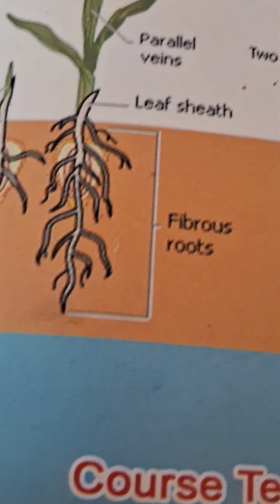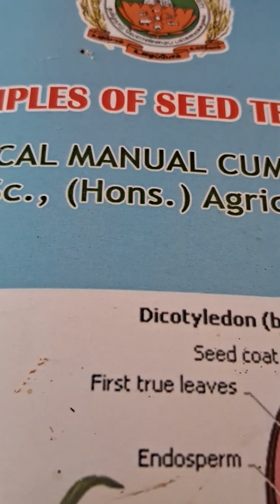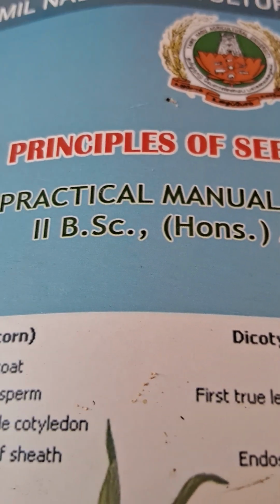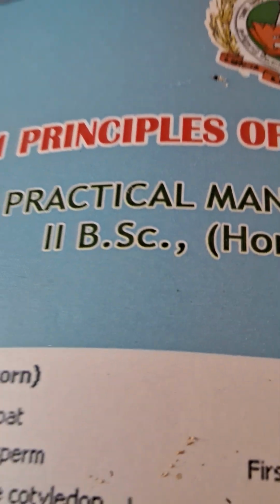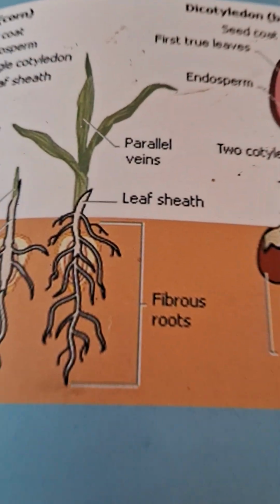That is physical purity. What do you mean by genetic purity? Genetic purity means it should have 100% genetic purity. That is, the seed should not have any mixture of other varieties. For example, take a seed lot of variety IR20 rice. In the IR20 seed lot, all the seeds present in that lot should be only IR20 variety.